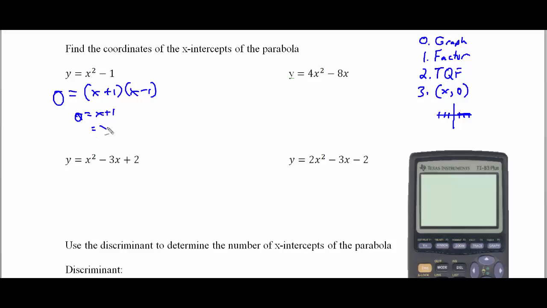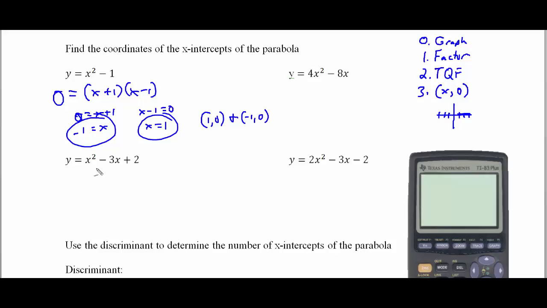Subtract the 1 from both sides, x is equal to negative 1. And here I have x minus 1 equal to 0, and add the 1, and x is equal to positive 1. So my two answers are negative 1 and positive 1. To write my answers in the x-intercept form, we would write them as 1 comma 0 and also negative 1 comma 0. These are the two intercepts of the parabola.